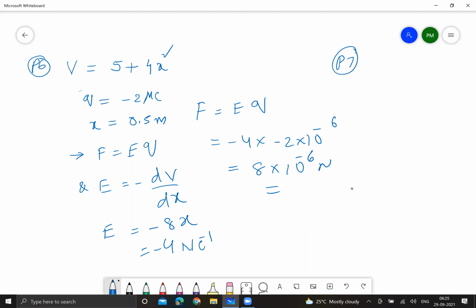Next, the potential as a function of distance is given.